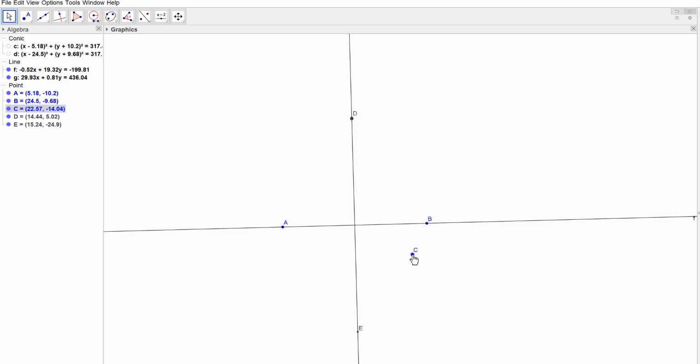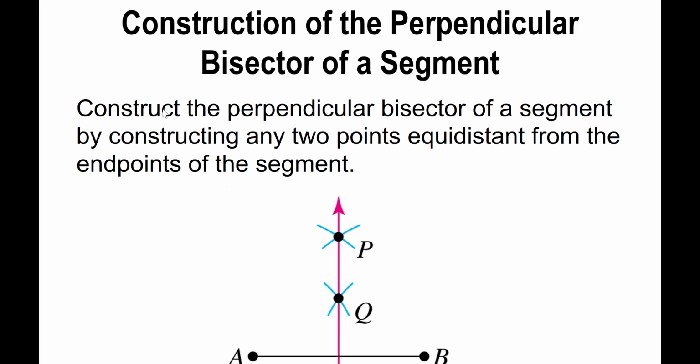Because I don't know if it intersects. So what we have here is, if you construct a perpendicular bisector of a segment by constructing any 2 points equidistant to the endpoints of the segment. So there's the endpoints of the segment AB, and these are equidistant. In other words, think of them as like the third vertex on an isosceles triangle.